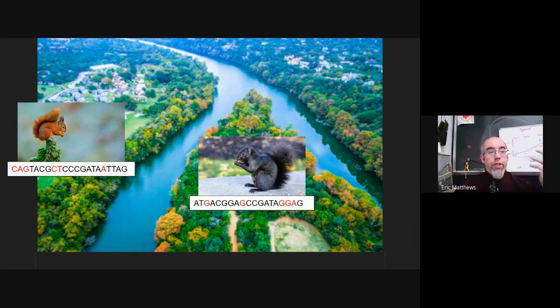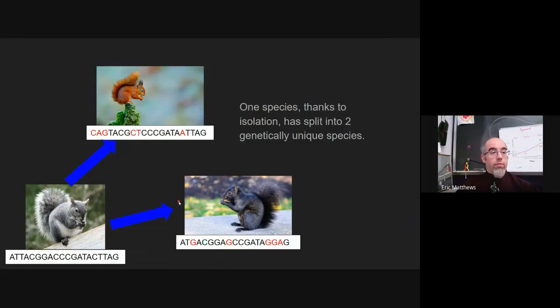Now, if they reach a point where their DNA is so unlike each other that they cannot successfully breed, we now have 2 new species, red squirrels and black squirrels. Right? So our one species here split into 2 new species. That is speciation.